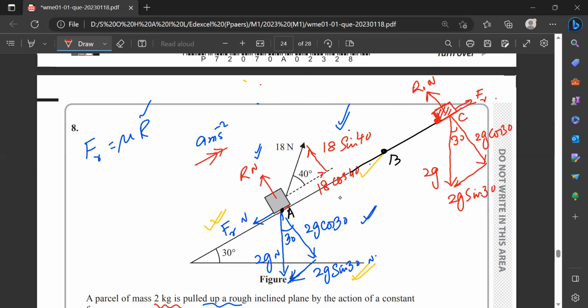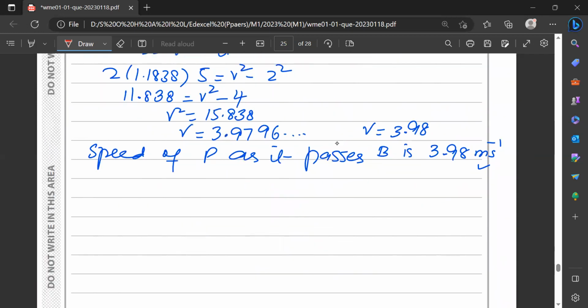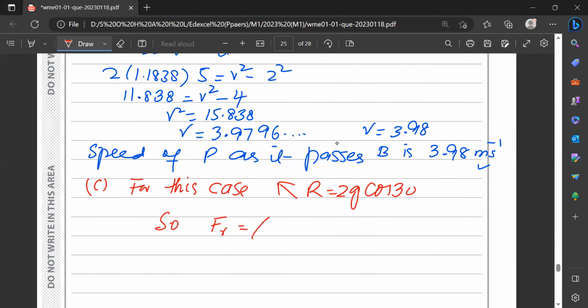So when the particle is at C, we will find the friction force here. Mu will remain the same. R is 2g cos 30. So friction in this case would be 0.3 into 2g cos 30.